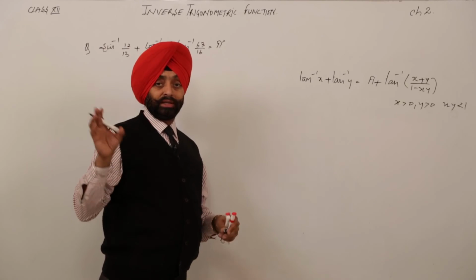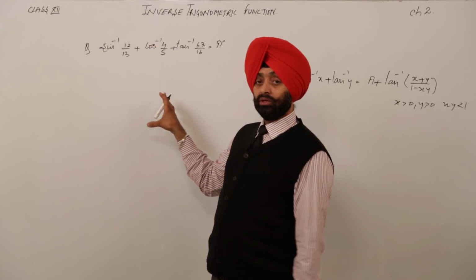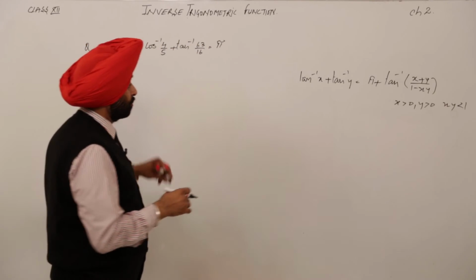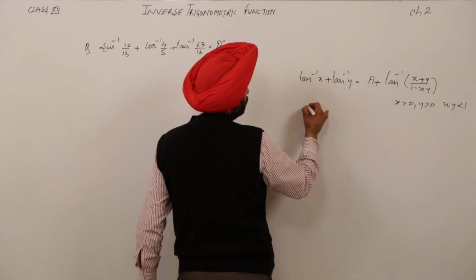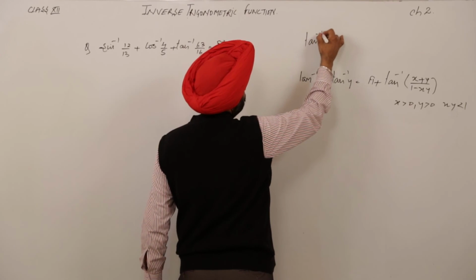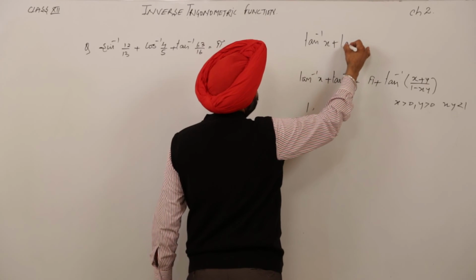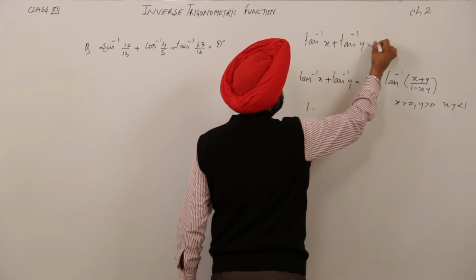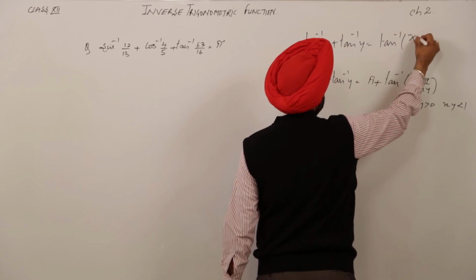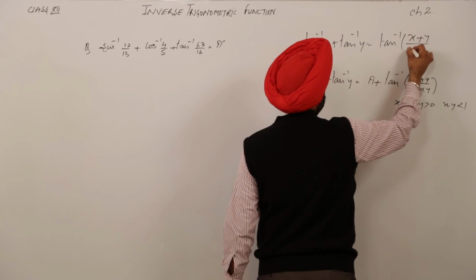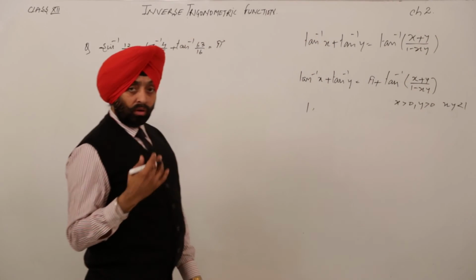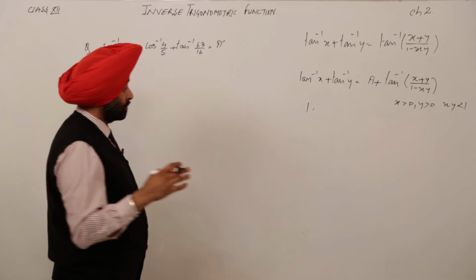Now I told you how this question is solved in your NCERT book, so now we are going to use that property. We are going to use tan inverse x plus tan inverse y is equal to tan inverse of x plus y upon 1 minus xy, or by some other means.